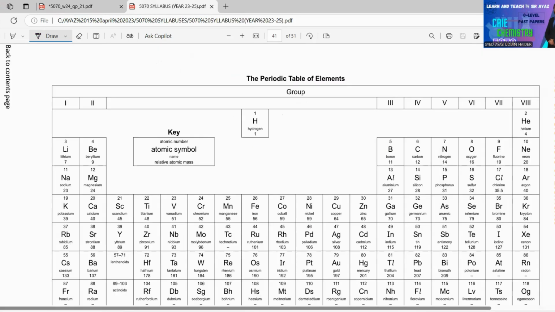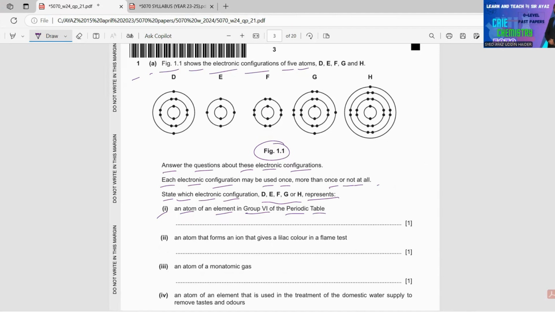So here's group 6. If an element is present in group 6, it means it must be having 6 valence electrons, because the group number represents the valence electrons.